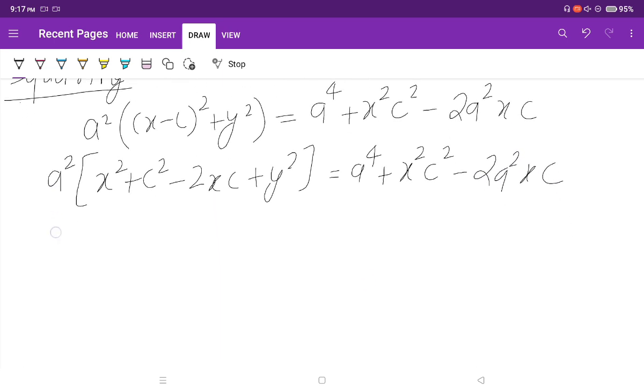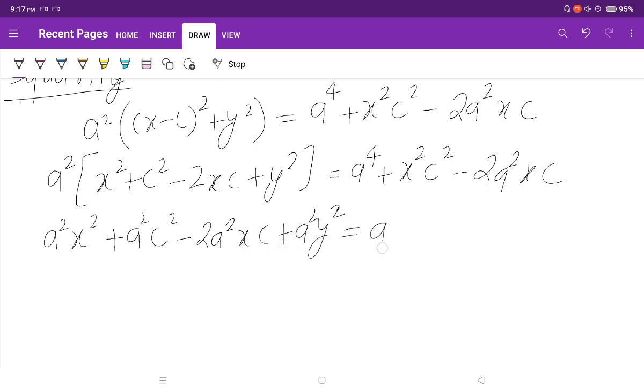So opening the brackets, we have a squared x squared plus a squared c squared minus 2a squared xc plus a squared y squared equals a to the power 4 plus x squared c squared minus 2a squared xc. So 2a squared xc cancels out 2a squared xc, correct?